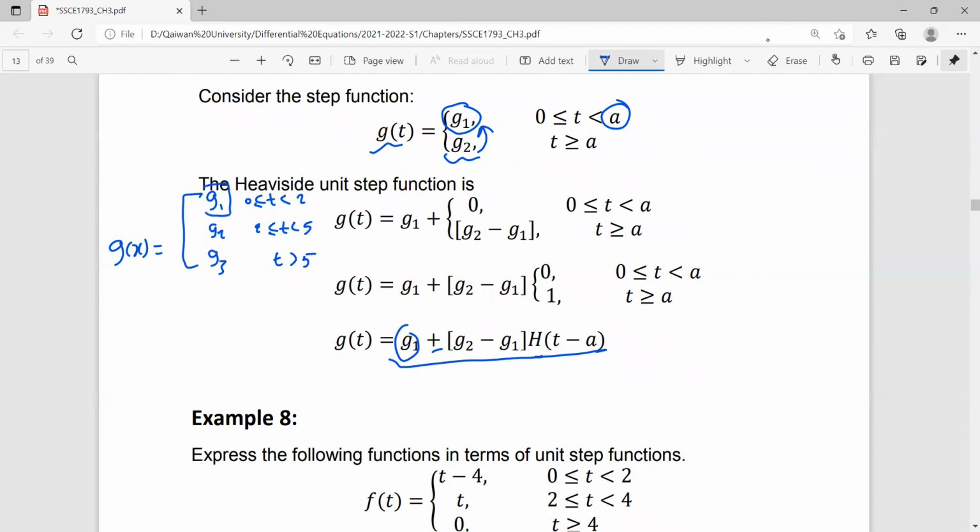We first write down the first function g1. We say g of t equals g1 plus g2 minus g1 times h of t minus 2, then plus g3 minus g2 times h of t minus 5. That's all.